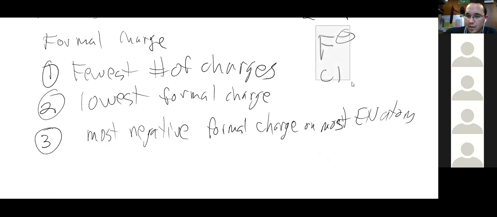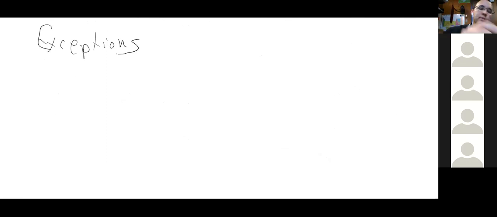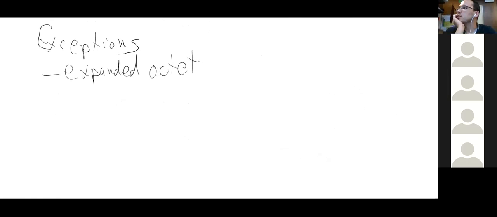Now, on that note, what exceptions to the octet rule are there? Period 3 and below can have an expanded octet. Very good. What others? Incomplete octet.